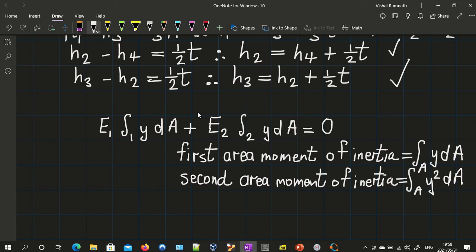The first area and the second area moment of inertia are two separate things. This one can use the parallel axis theorem. And this one cannot use the parallel axis.